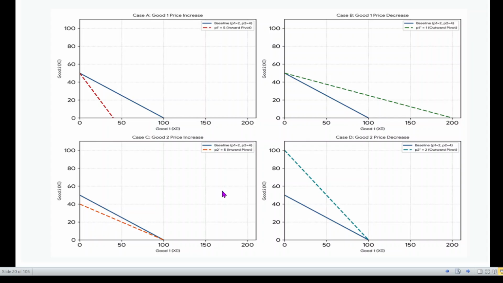And when the price is decreased here, the budget line shifts outward or rightward, but the horizontal intercept is locked. This is a graphical representation of the budget line shift due to price changes, either vertically or horizontally.